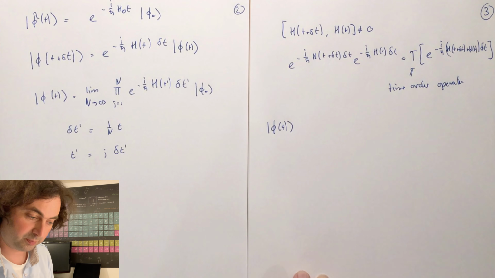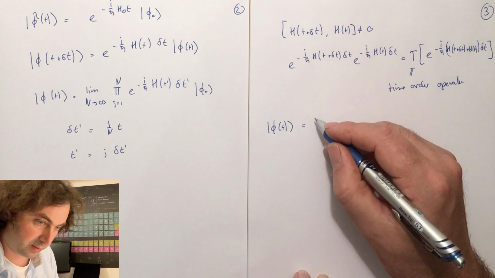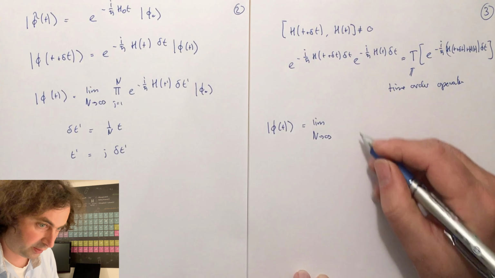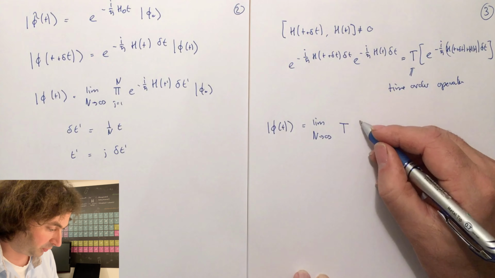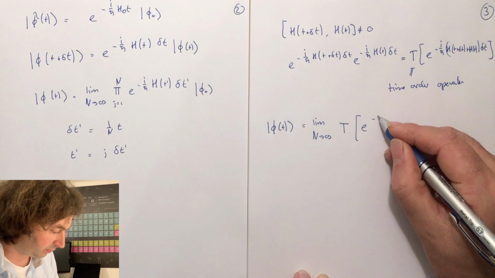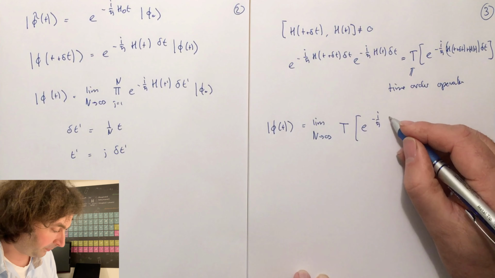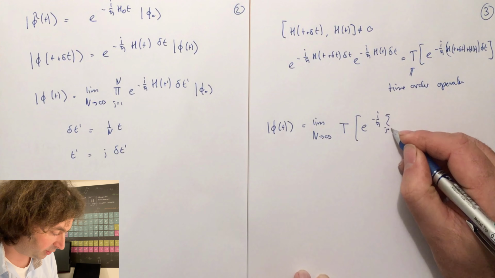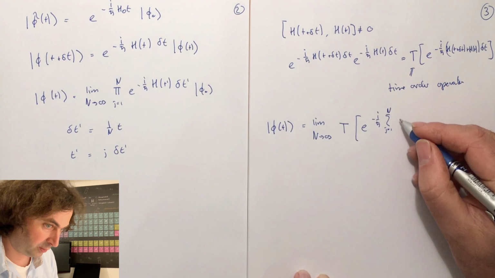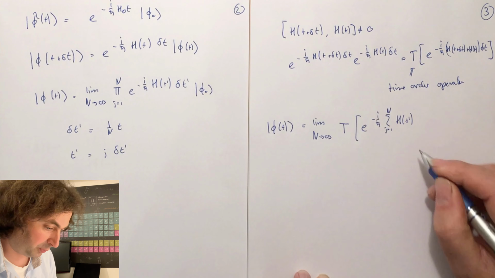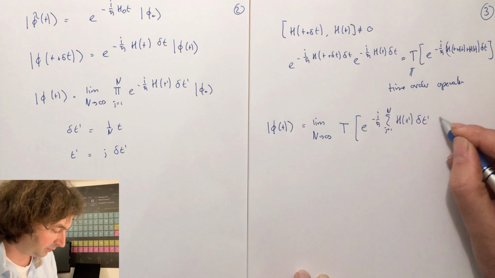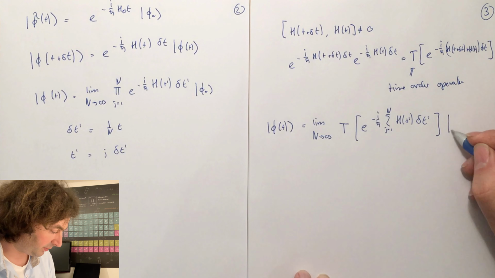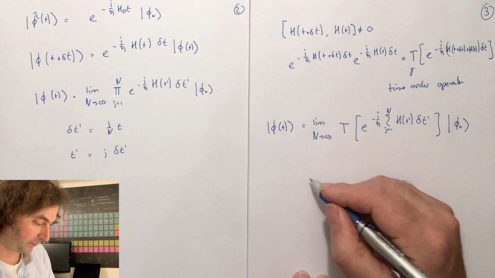rewrite our product as the limit of n goes to infinity, and then the time order operator e to the minus i over h bar. And now instead of a product of exponentials, we can sum inside the exponential, j is 1 to n, H at t prime delta t prime, where t prime and delta t prime are just given by the time steps, acting on psi 0.